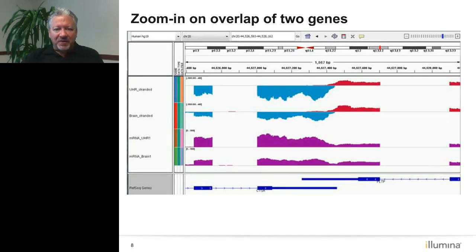And if you look at another region where two genes physically overlap each other, but remember these transcripts are coming from the opposite strands of the DNA, it's very clear that in a non-stranded prep, or if you don't consider the strandedness in your data, you just look at the pile of reads, you really wouldn't know for these reads in this area, are they assigned to this transcript or that transcript? But if you actually use stranded data, it's very obvious that most of the reads from this pile in fact come from the lower transcript and not the upper one. And you can assign reads explicitly to the correct transcript with stranded information.